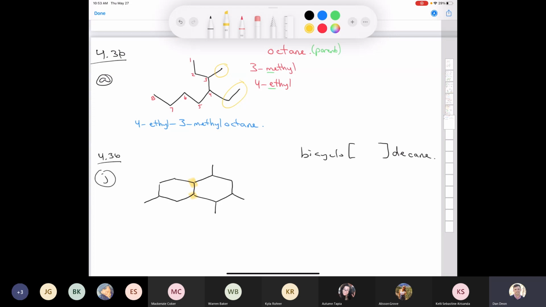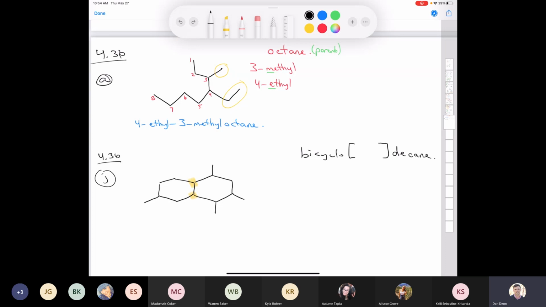Before we start numbering the bridges, we're going to have 3 numbers in here, 1, 2, 3. Could anybody tell me what the 3 numbers are for the bridges before we even get into naming or numbering the substituents? You go from the largest bridge to the smallest bridge. Yeah, Kayla. Okay. So Kayla, Bruna, you're both correct.